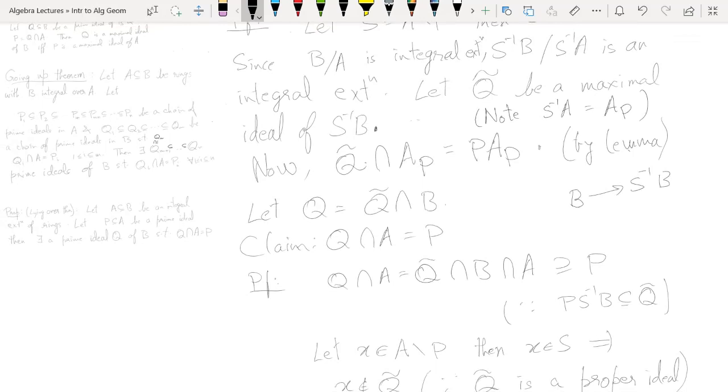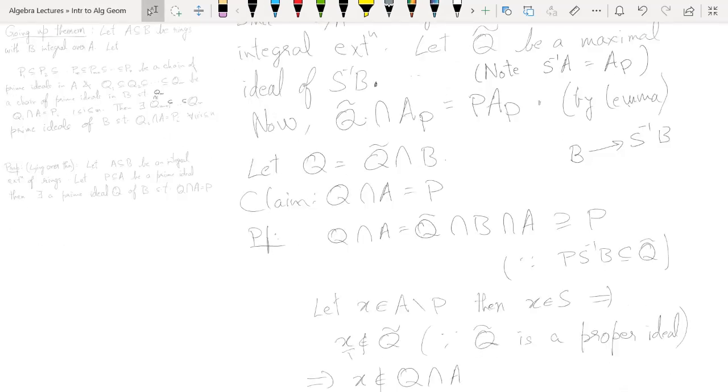So let's just pretend that we are in an integral domain. Anyway, we'll use this lying over theorem over an integral domain, but you can do it rigorously without assuming it to be an integral domain. And anyway, we'll prove the going up theorem without any such integral domain hypothesis. So it all works out.